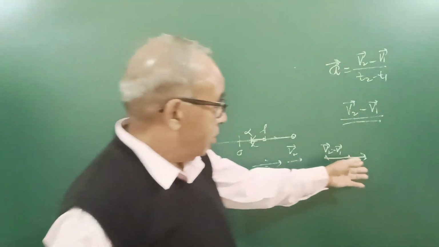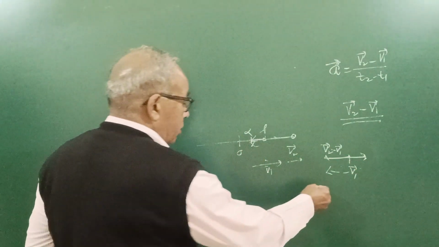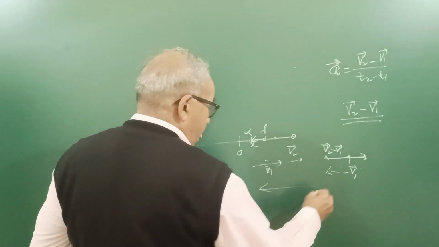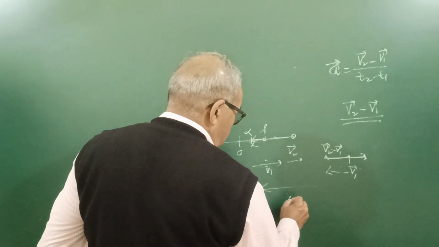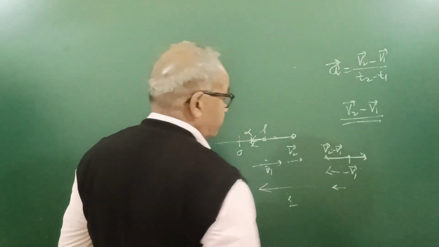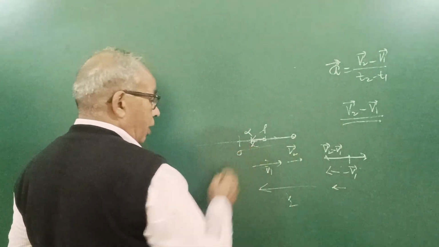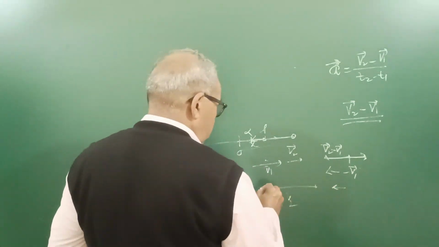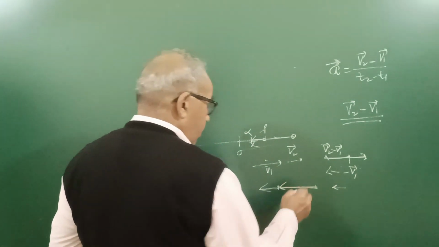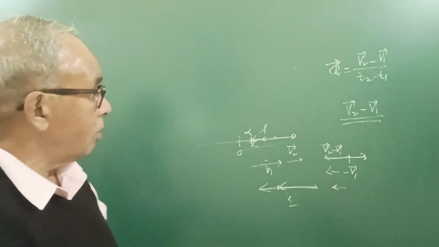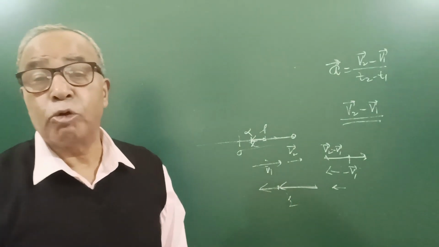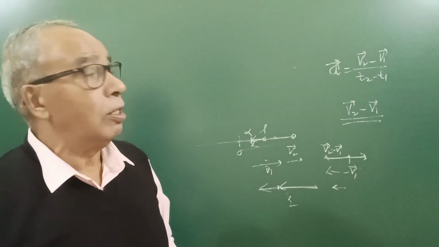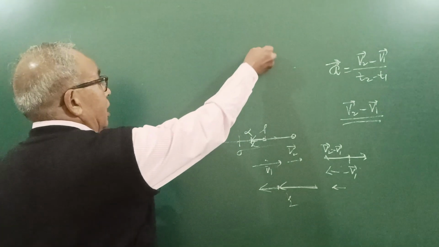You can say कि when it is coming back, तो V2 बड़ा होगा, V1 छोटा होगा. Then it will be this way, V2 minus V1, so here it is along velocity. But there is one topic in which acceleration is at right angle to velocity: circular path, centripetal acceleration.